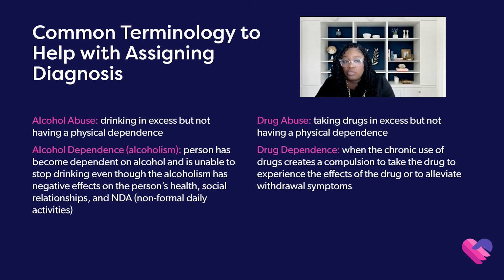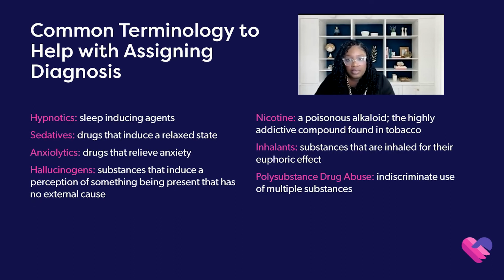Drug abuse, taking drugs in excess, but not having a physical dependence. Drug dependence, when the chronic use of drugs creates a compulsion to take the drug to experience the effects of the drug or to alleviate withdrawal symptoms.